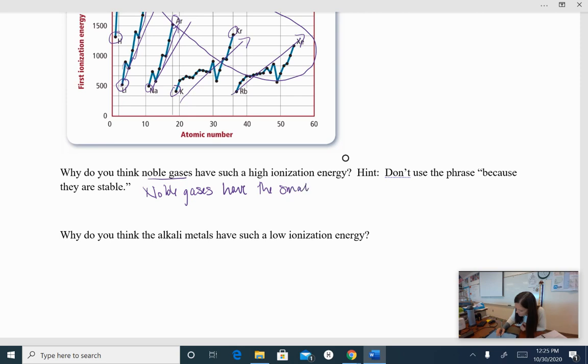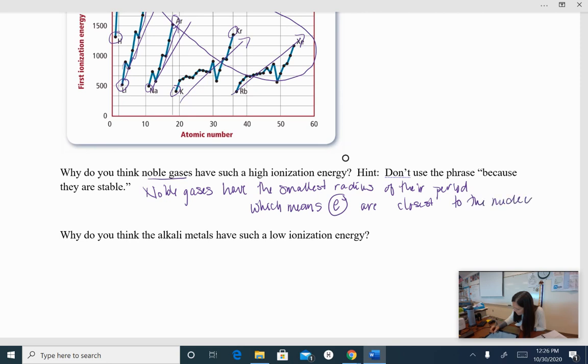They have the smallest radius of their period, which means that the electrons are closest to the nucleus and able to be felt and pulled in by the protons in the nucleus the best.